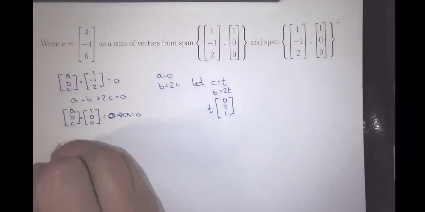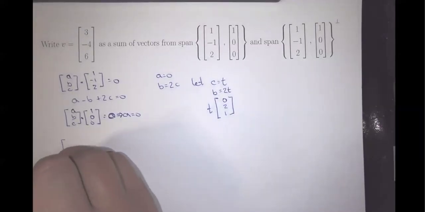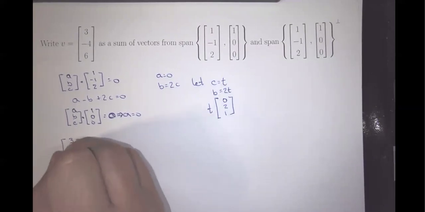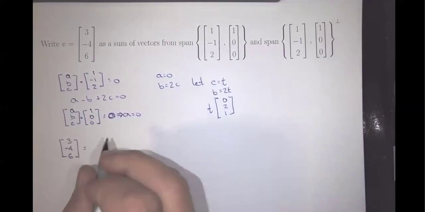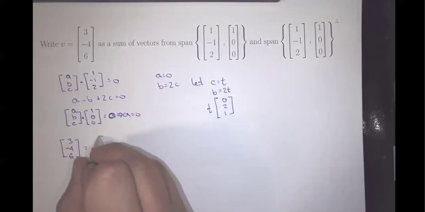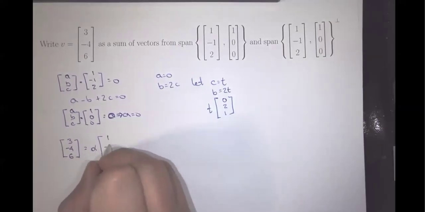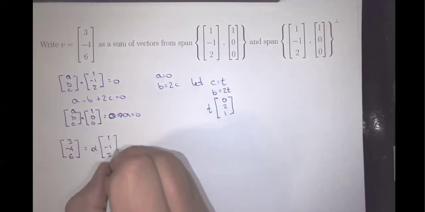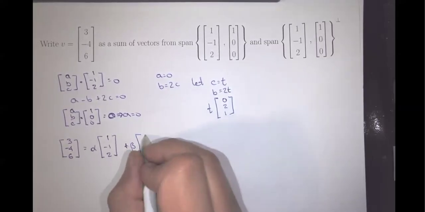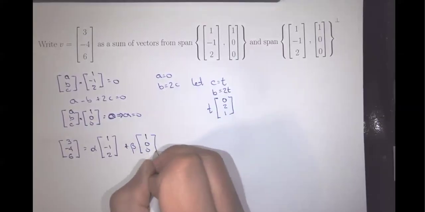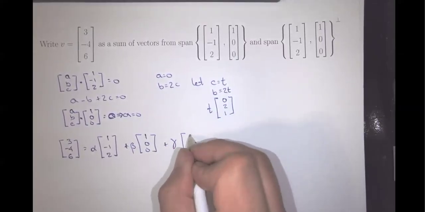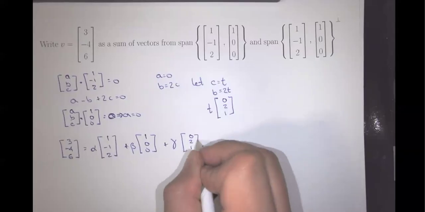Okay, so our vector V, 3, -4, and 6, we want to write as a combination of this vector. So we'll call it alpha times vector 1, -1, 2, plus beta times 1, 0, 0, plus gamma times 0, 2, 1.